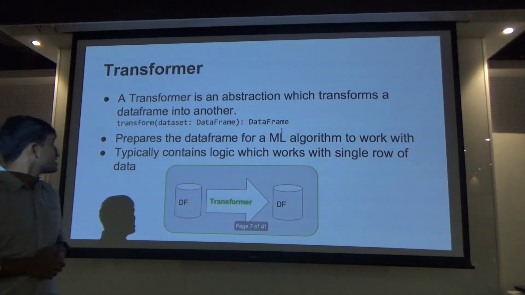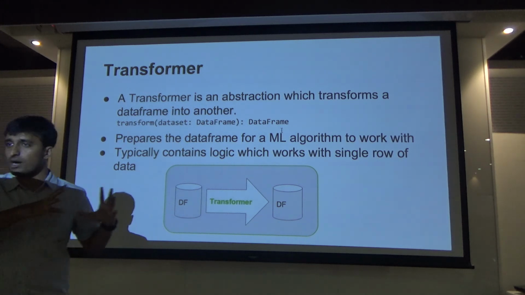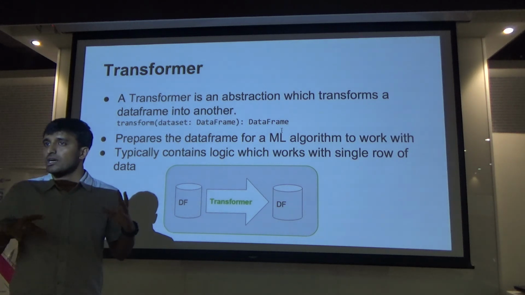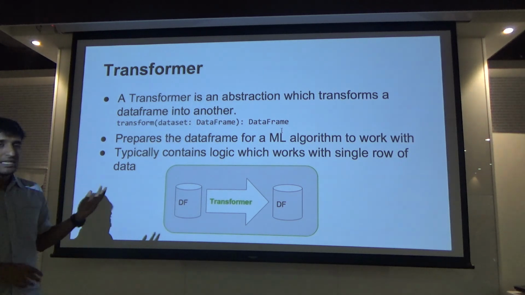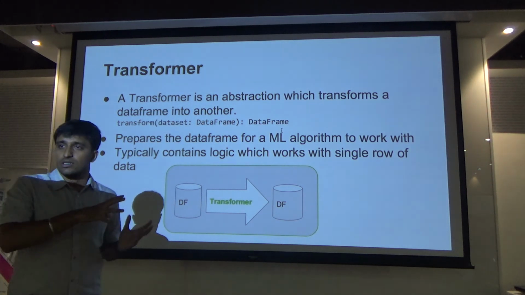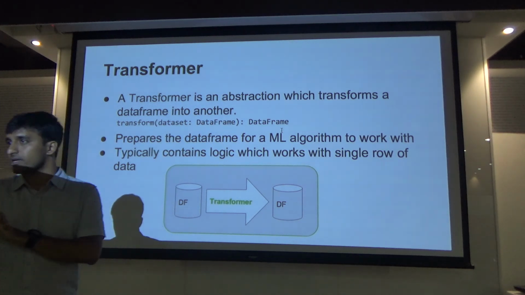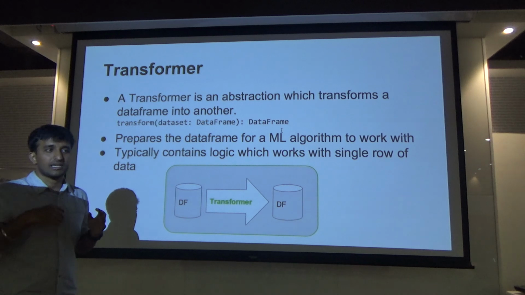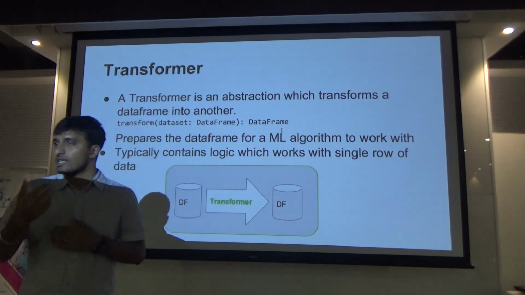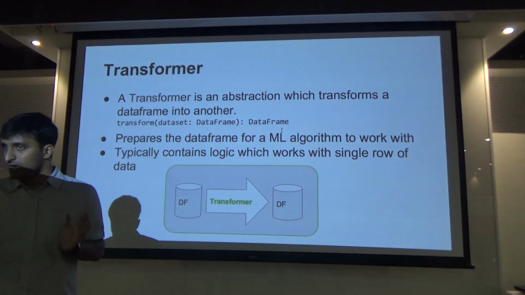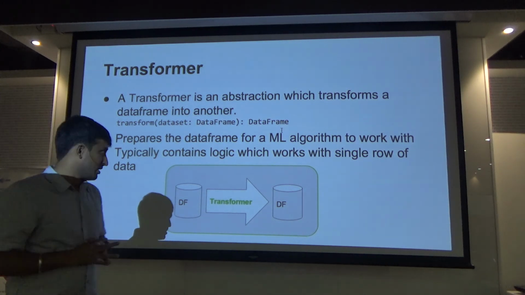So what is an estimator? What is a transformer? A transformer is a basic abstraction in Spark ML, where it can be abstracted as a transformation which takes a data frame, does some transformation, and returns you back a data frame. It can do any type of task like adding a column or cleaning up a column, but basically it takes a data frame and returns a data frame.